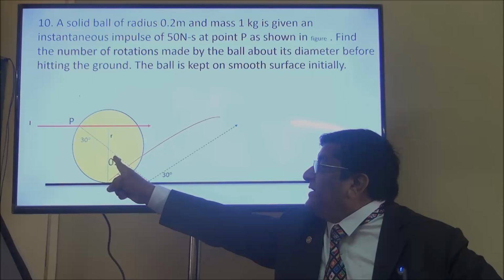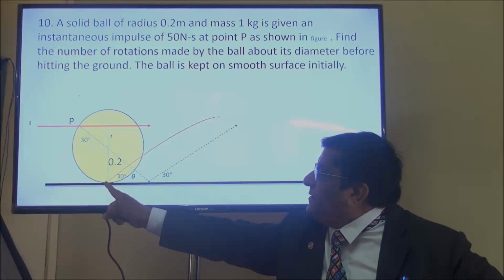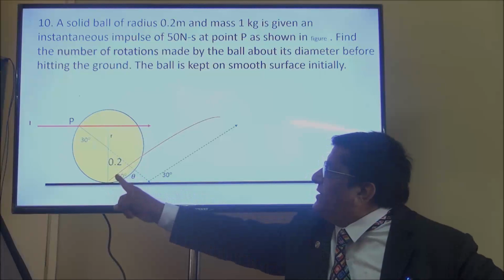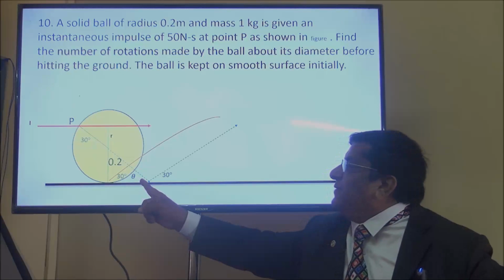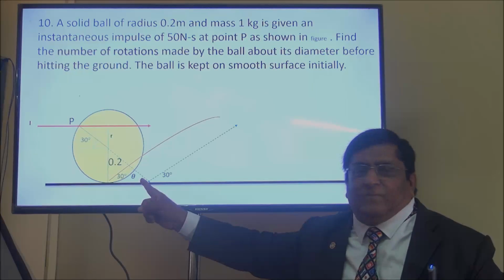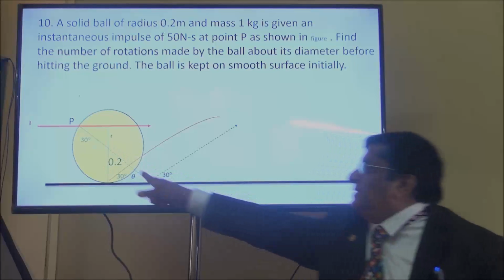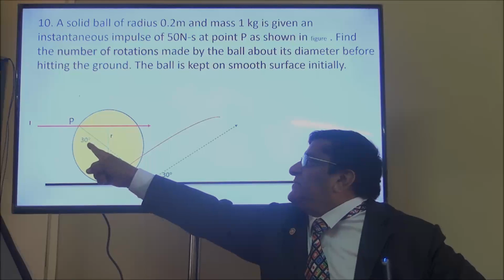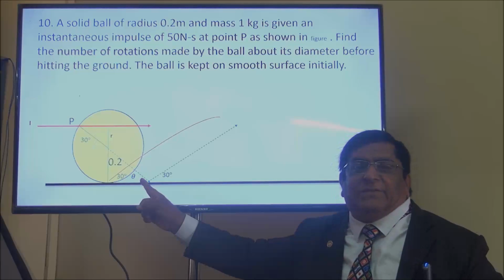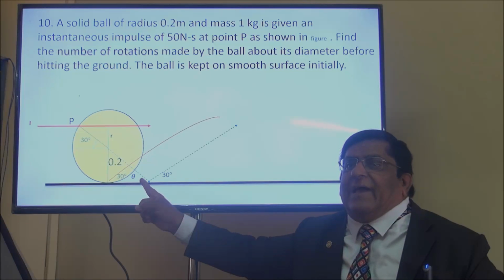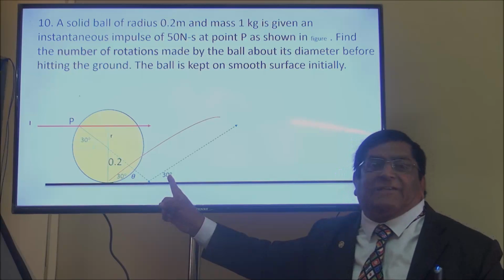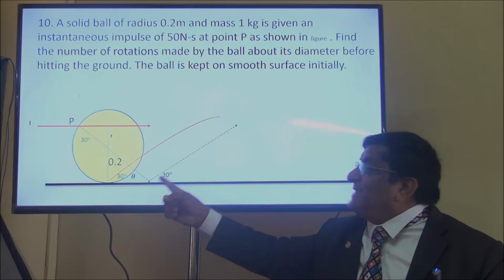If this is 60, then 60, 90. And how much will this be? 30. Okay? Or you can simply say horizontal lines. This is 30, so this will also be 30. If this is 30, angle of incidence, then angle of reflection will also be 30. So this is angle 30.